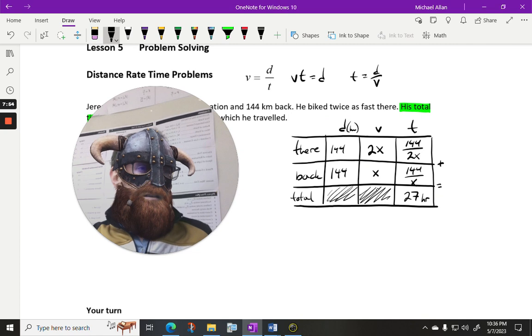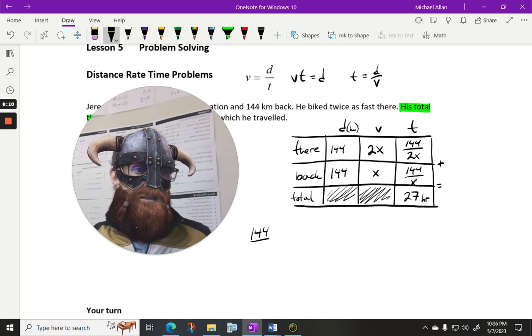So this last column here is going to be the important one. I'm going to want to add these two top numbers, and I know it has to equal 27. So that's what I'm going to write out. I'm going to write out my equation. Remember that T1 plus T2 has to equal 27.